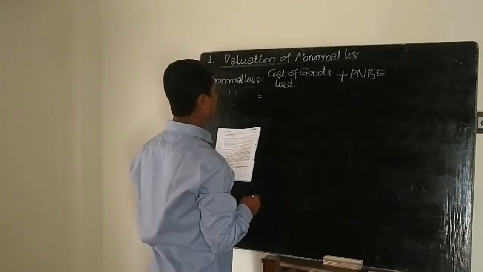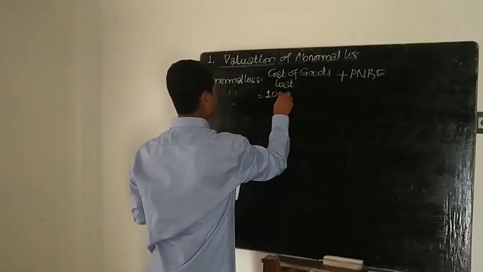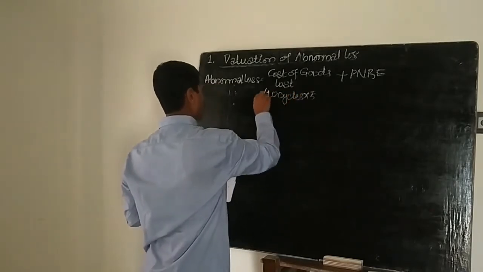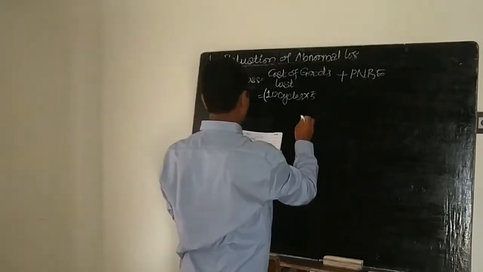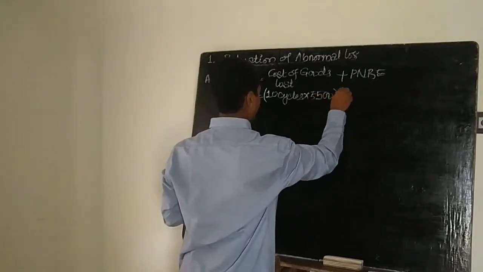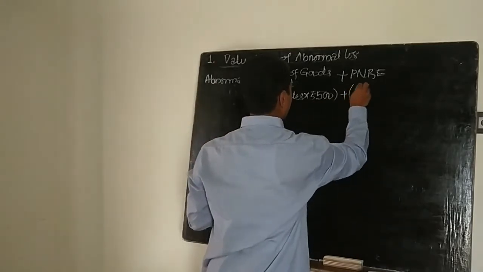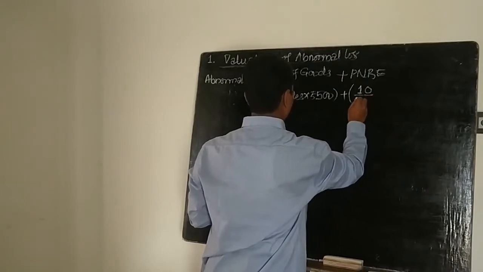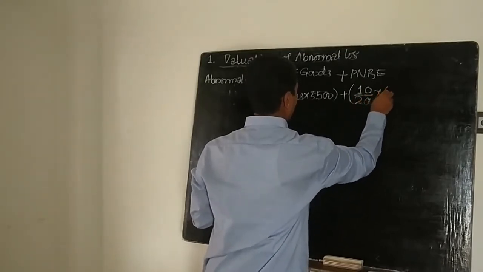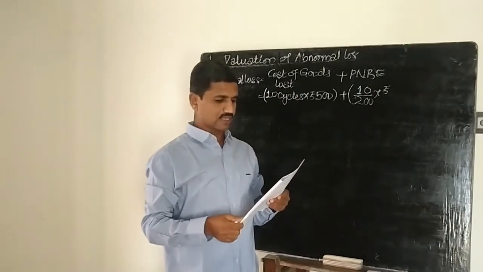So now let us substitute the values here. 10 cycles into rupees 500 each cost, plus 10 cycles are lost out of 200 cycles sent, into rupees 5,000, which the consignor has incurred.